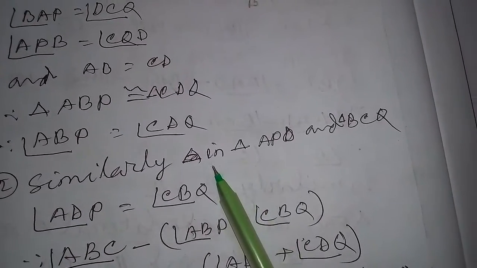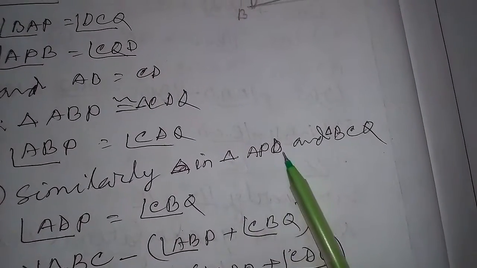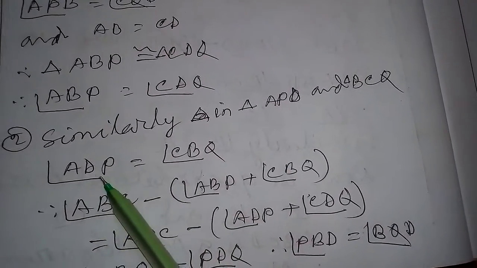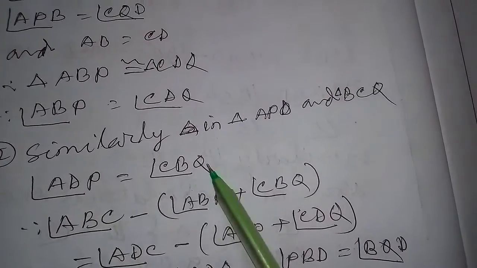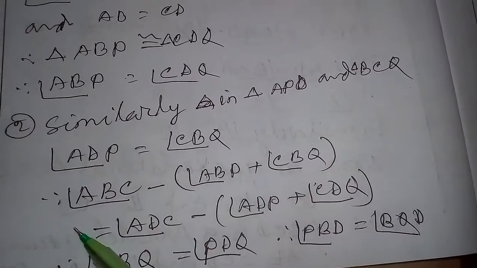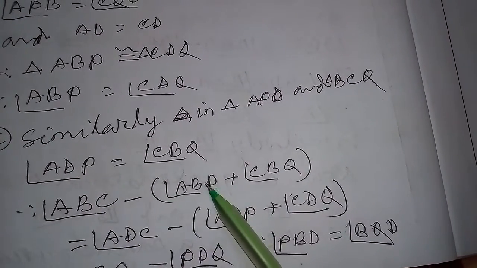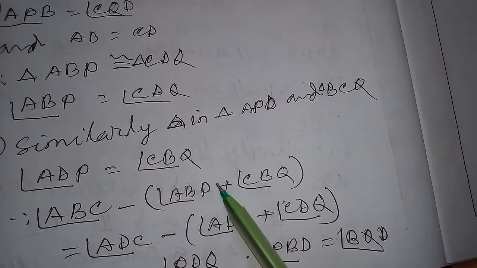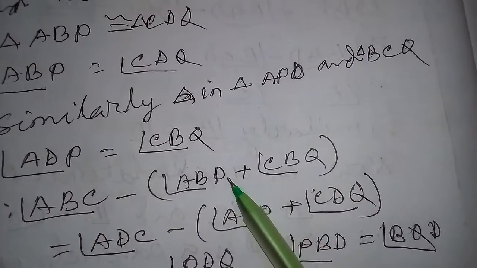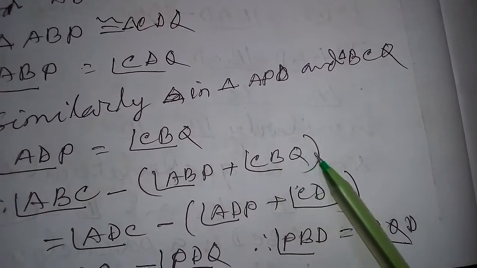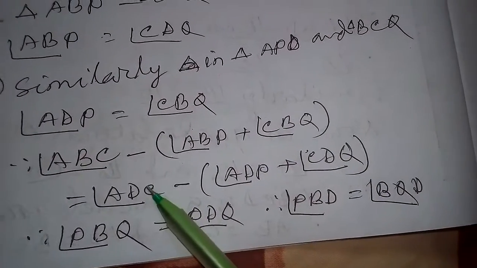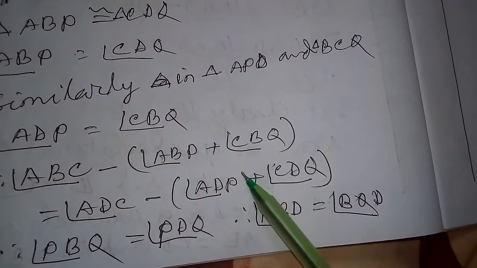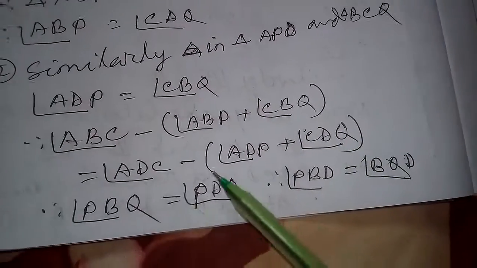Similarly, in triangle APD and triangle BCQ, we get angle ADP equals angle CBQ. So angle ABC minus angle ABP plus angle CBQ equals angle ADC minus angle ADP plus angle CDQ.